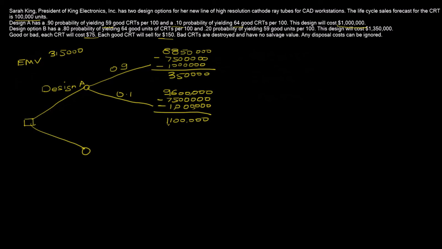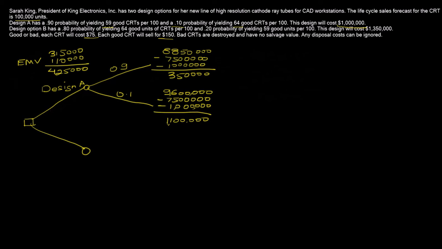And if you multiply 1.1 million by 0.1, that would be 110,000. So if we add these two together, we have 425,000. So that is the expected monetary value of design A.